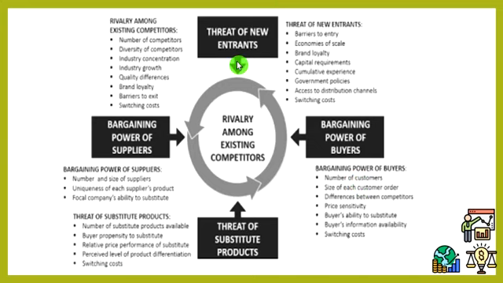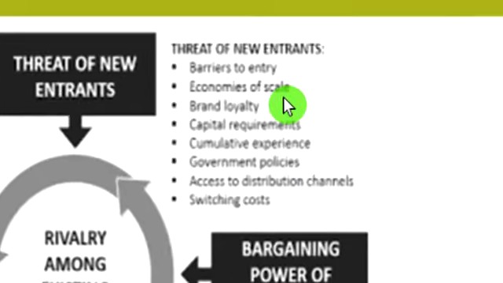We also have threat of new entrants. These are the following examples: barriers to entry, economies of scale, brand loyalty, capital requirements, cumulative experience, government policies, access to distribution channels, and switching costs.